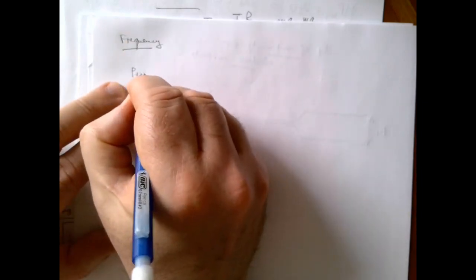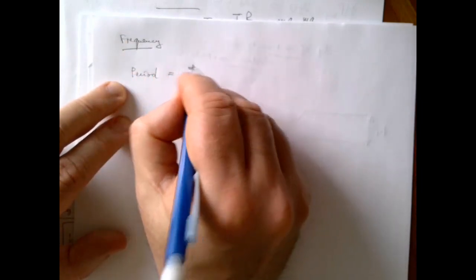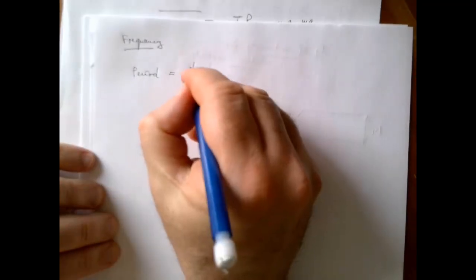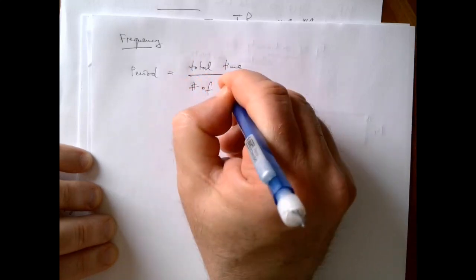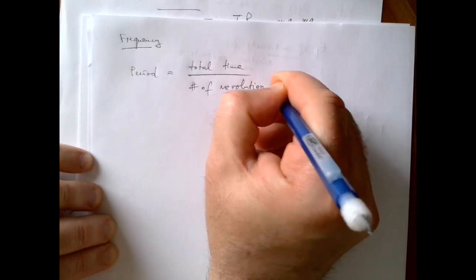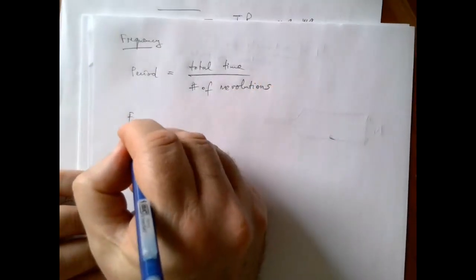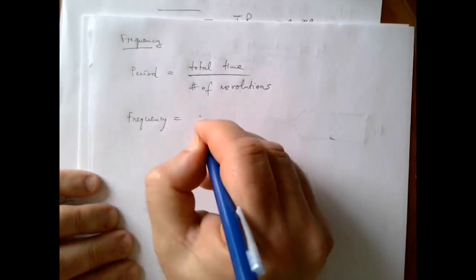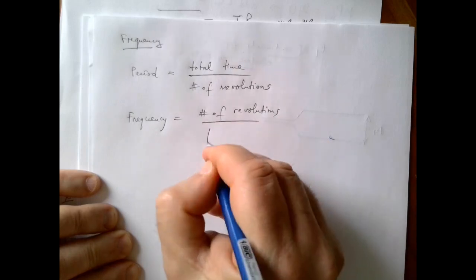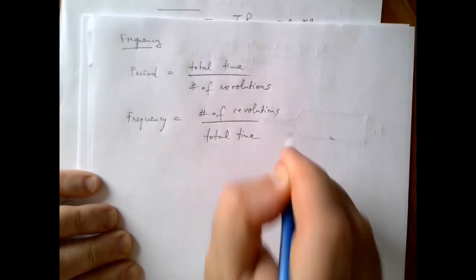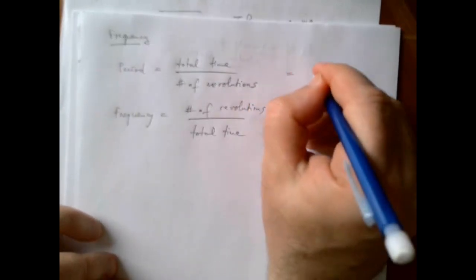So if period is the total time divided by the number of revolutions, frequency will be the number of revolutions divided by total time. So period, we label it big T. Frequency, we label it f.